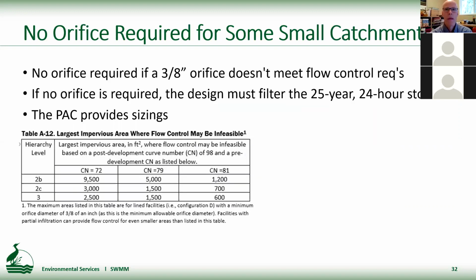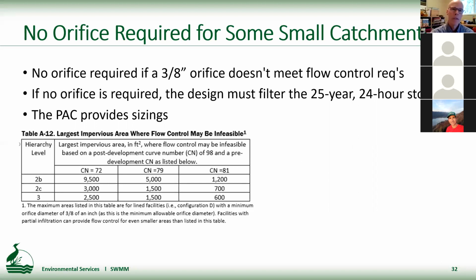Next. There are going to be some catchments for which a 3/8 inch orifice is too small to provide meaningful flow control. The manual acknowledges that, and so does the PAC.